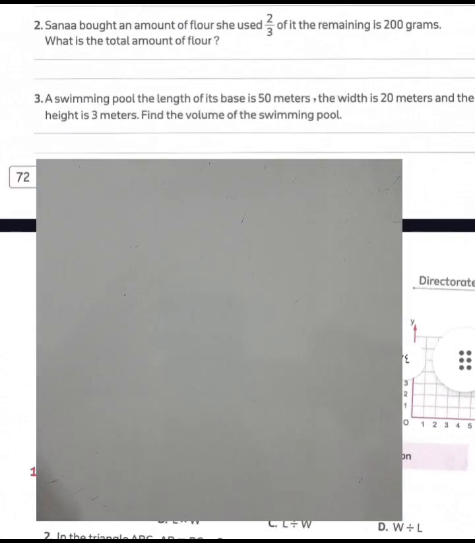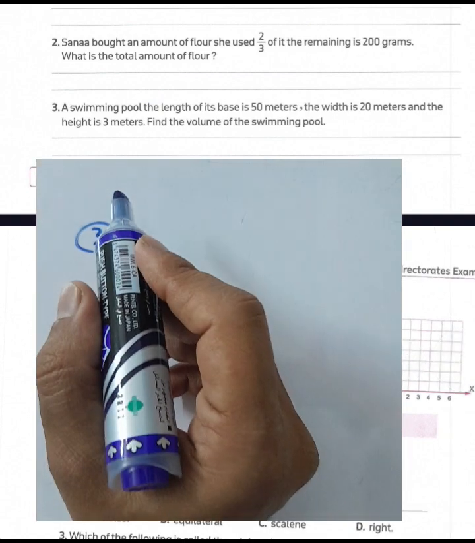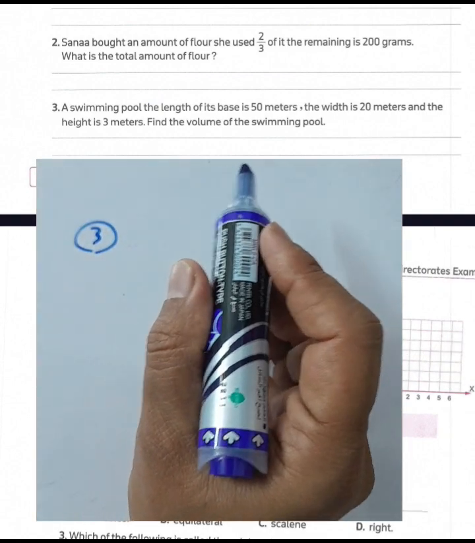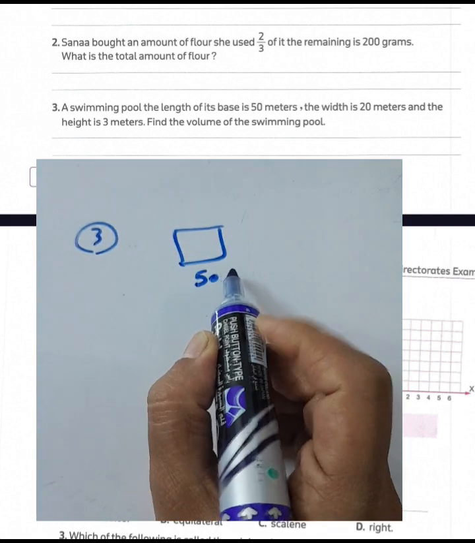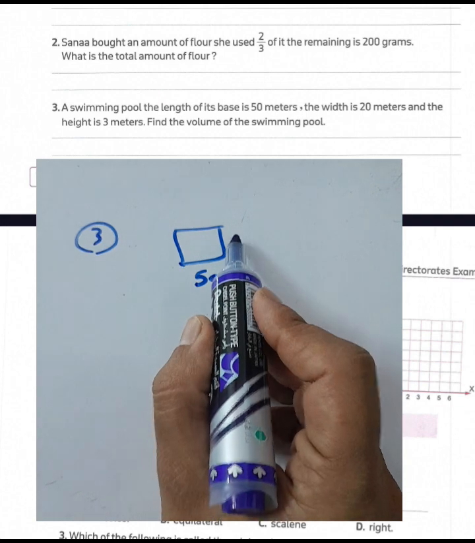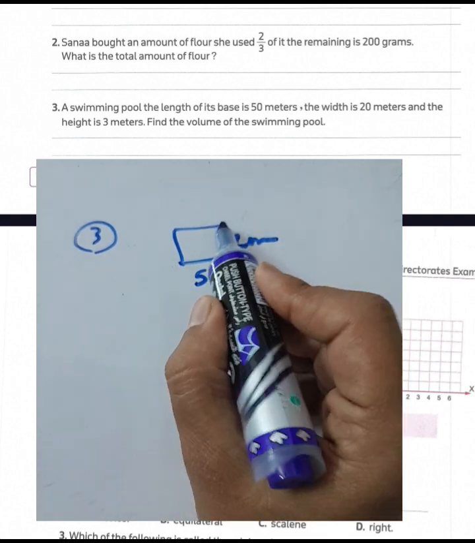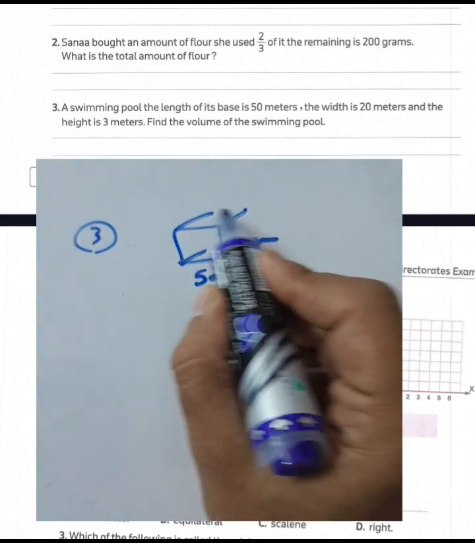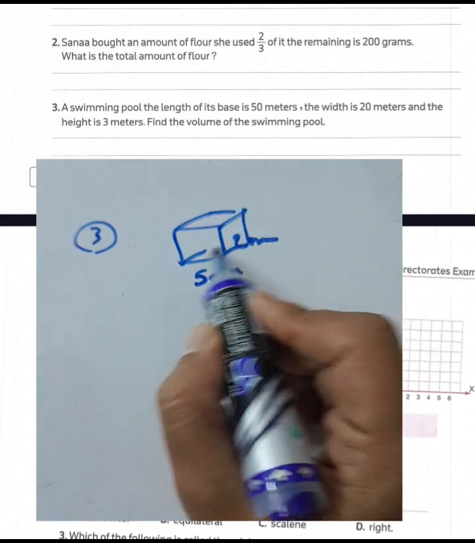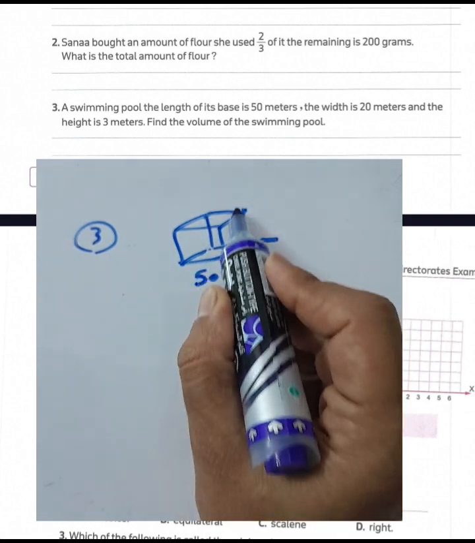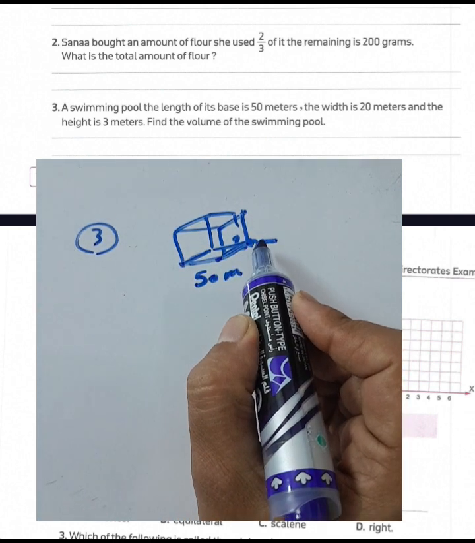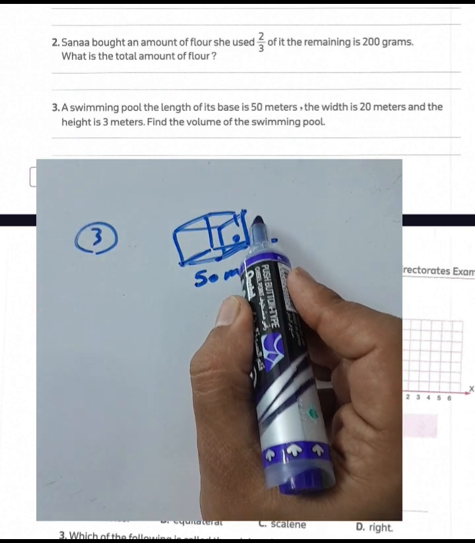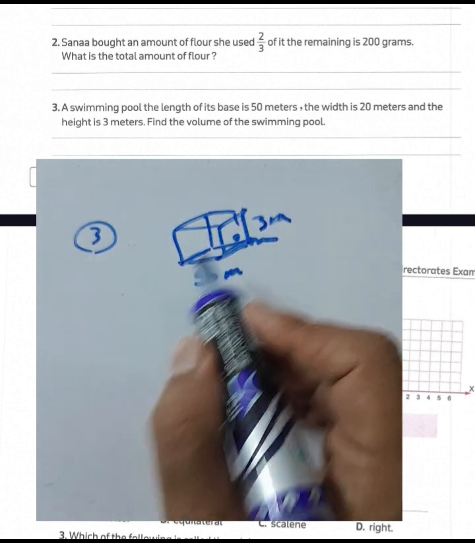Okay, question number 3. A swimming pool, length of the base 50 meter, width was 20 meter, and its height, we have length and width and height. The height here was 3 meter. We want to find the volume.